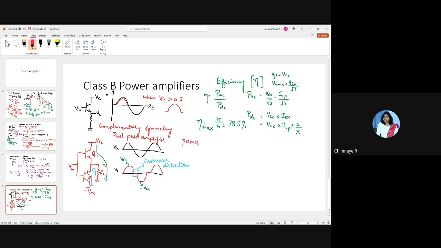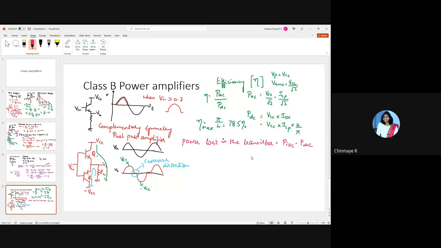Correct? So power lost in the transistors is given by input DC power minus output AC power. Okay, so this is the power lost in the transistors.